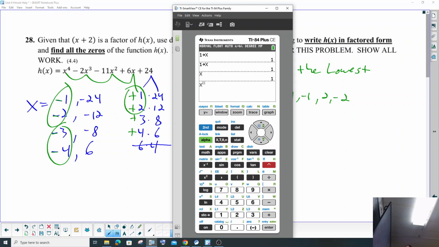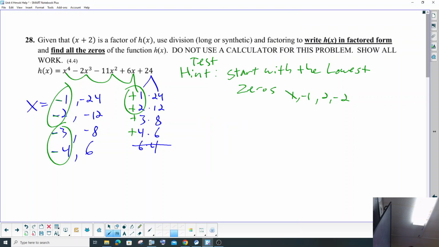So x to the 4th power, minus 2x to the 3rd power, get out of the exponent with the right arrow, minus 11x squared, and then plus 6x, and then plus 24. And we got a remainder of 18, which means it doesn't work.